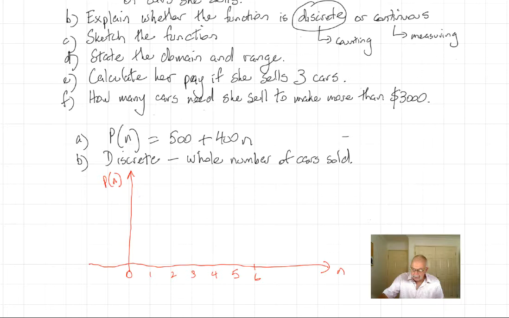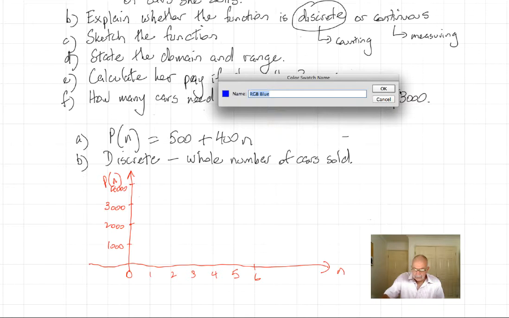So we need to get up to probably around 3, so maybe we'll just make these in thousands. So this will be 1,000, 2,000. She must be a good salesman if she's making this money. 3,000, 4,000. Okay. And then we plot the points.